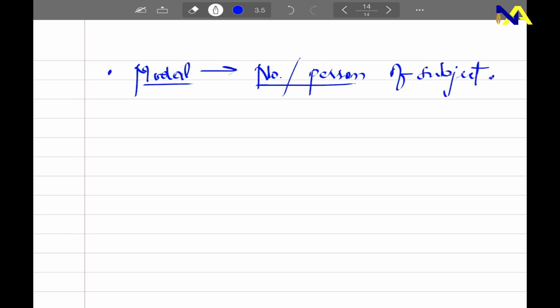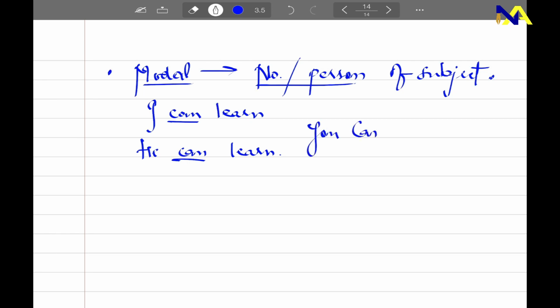For example, I can learn, he can learn. फर्स्ट पर्सन से सेकंड पर्सन पे आप आ गए हो, आई से ही पे, इट रिमेन्स द सेम. सॉरी, ही इज़ थर्ड पर्सन. इन केस ऑफ सेकंड पर्सन, यू कैन लर्न, can does not change. Or if you say we can learn, in case of plural, even here the modal does not change.